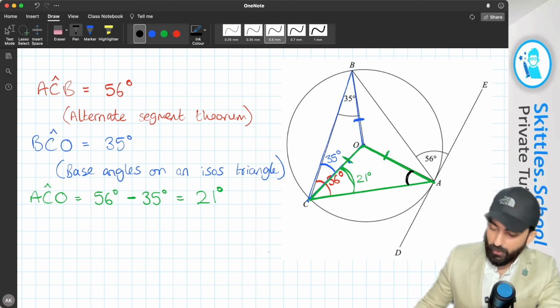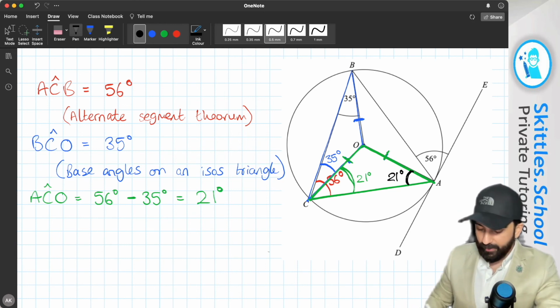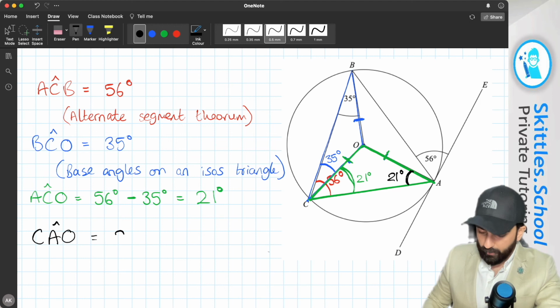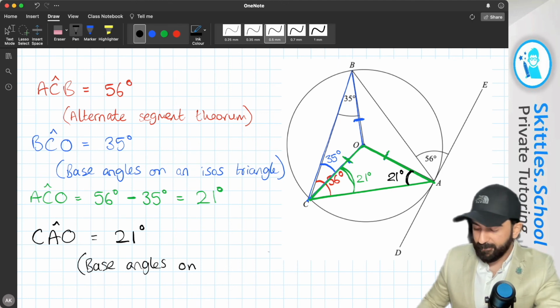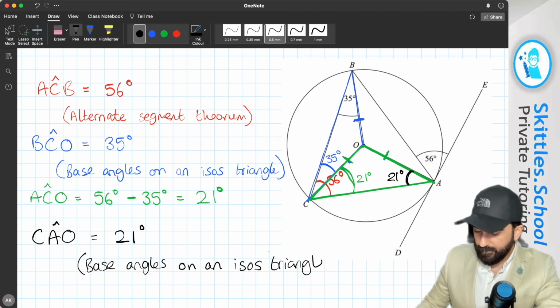So we now know that this one also has to be 21 degrees, and that's the angle that we're trying to work out. So angle CAO is equal to 21 degrees. And we're going to give the reason, because it's also a base angle on an isosceles triangle. And that's the answer.